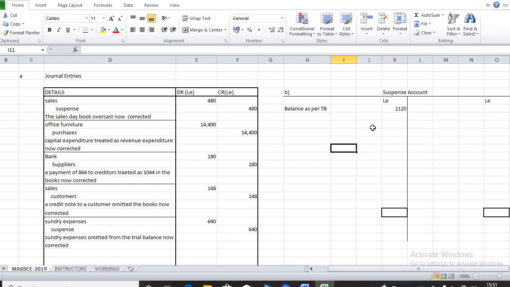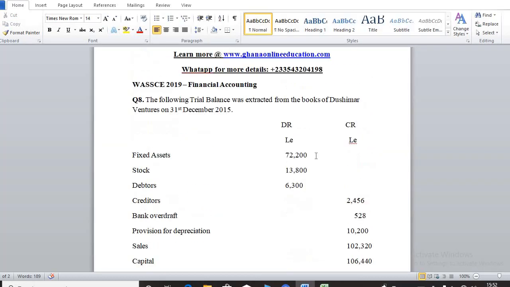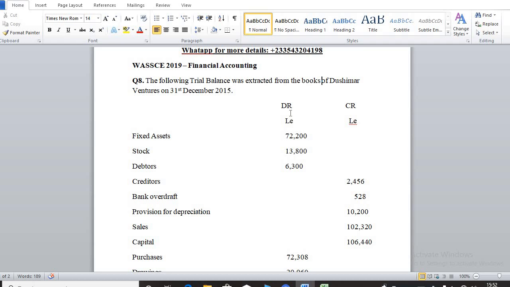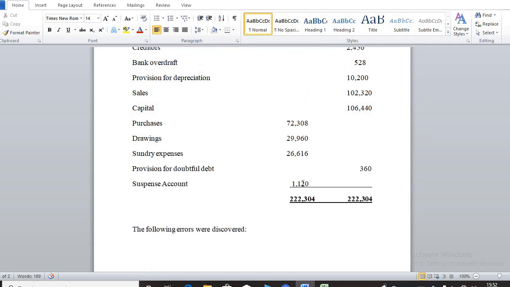So this is the amount being found. As I said, you post it from the trial balance to the suspense account at the same side that you see it in the trial balance. And from our question, we see the suspense at the debit side of the trial balance.